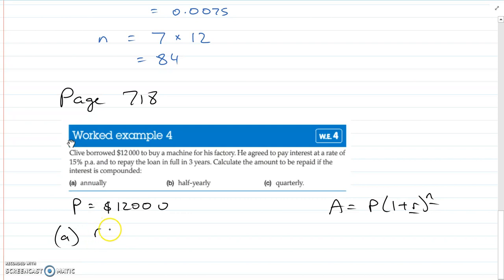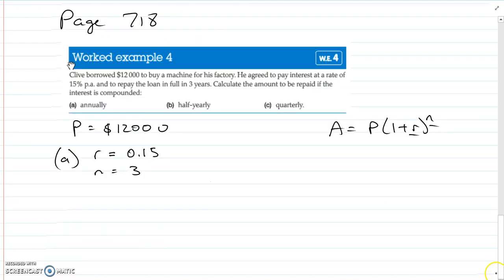For the first one, it's once a year, so R is just 0.15, and N is just 3. I don't need to change anything because it's once a year, so the numbers don't change.